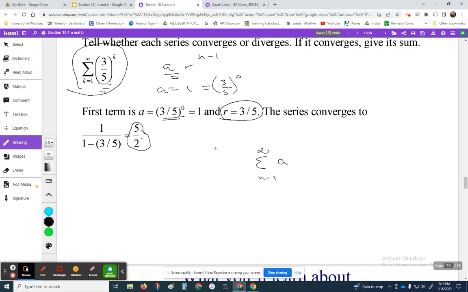And we're always looking for an A and an R to the n minus 1. If that's the case, the sum is going to be equal to A over 1 minus R if the absolute value of R is less than 1. That's the key piece right there. So that's what we're dealing with geometric series there.